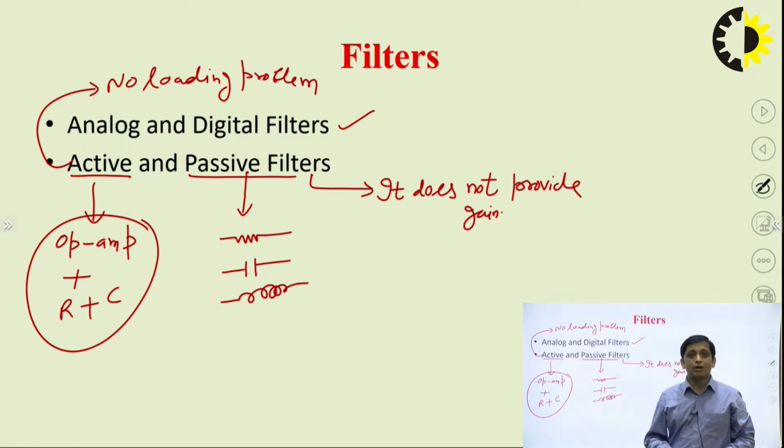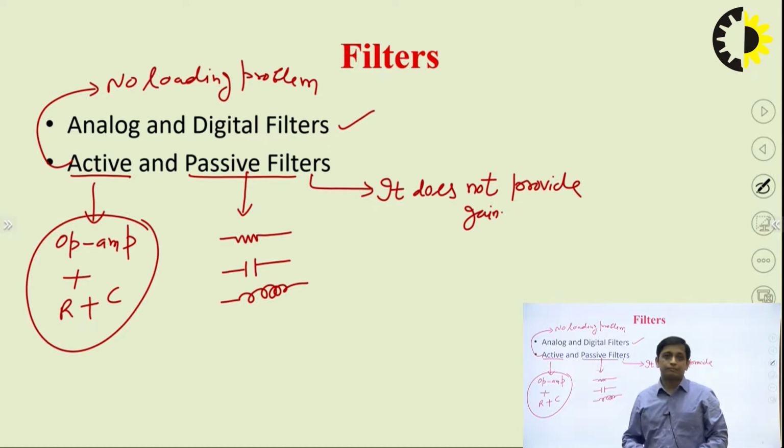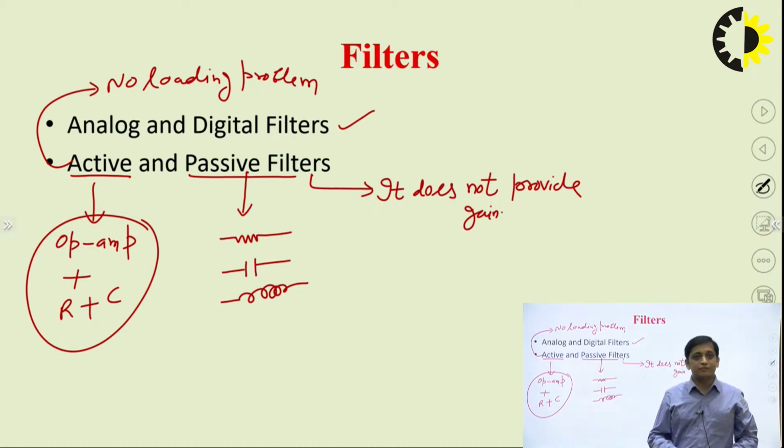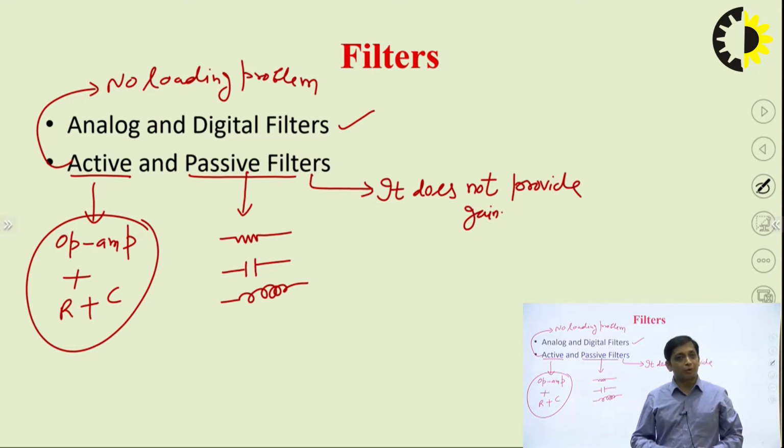But there is one limitation of the active filter. Since we are using an operational amplifier here, the gain bandwidth product of the filter is limited by the op-amp. For example, if we are using the 741 op-amp IC, the gain bandwidth product is 1 megahertz. It means that if we require a filter of 100 megahertz or in the gigahertz range, we cannot use the 741 IC.